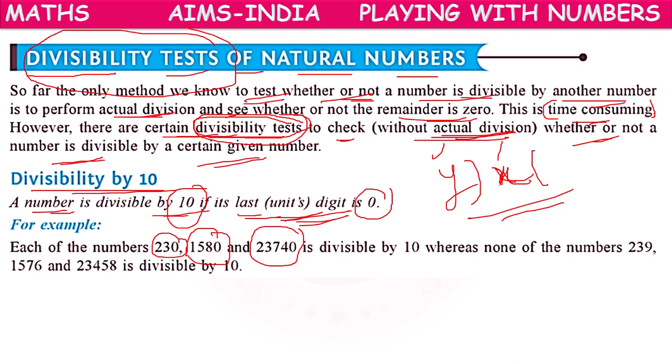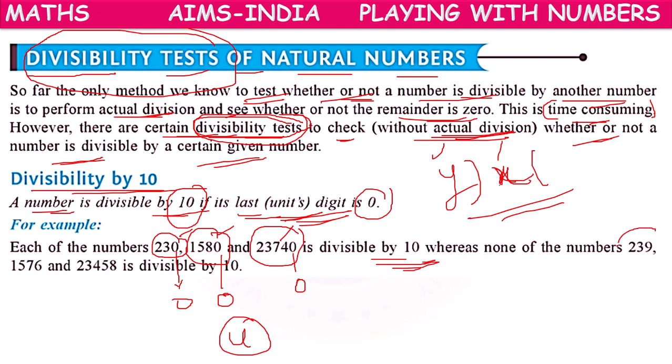In these three numbers, the digit in the units place is 0. So these three numbers, without dividing by 10, directly we can tell they are divisible by 10.